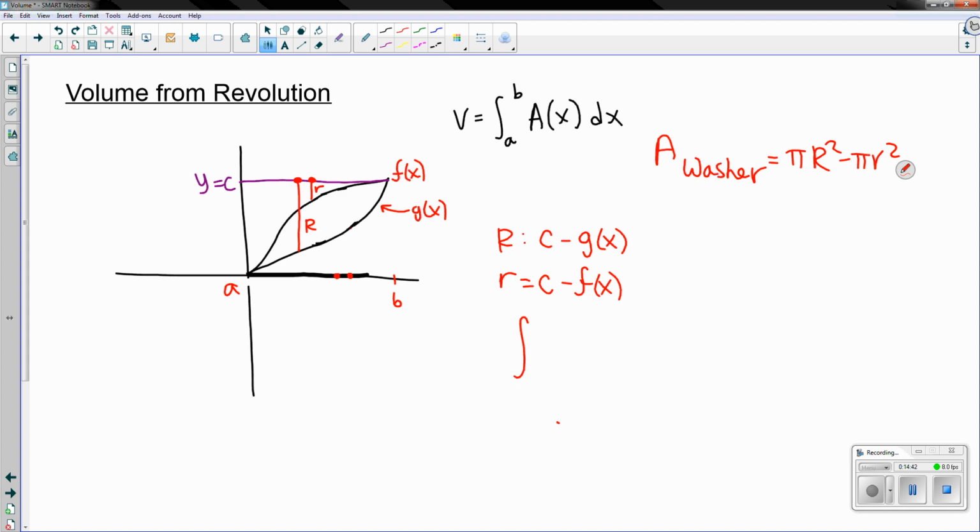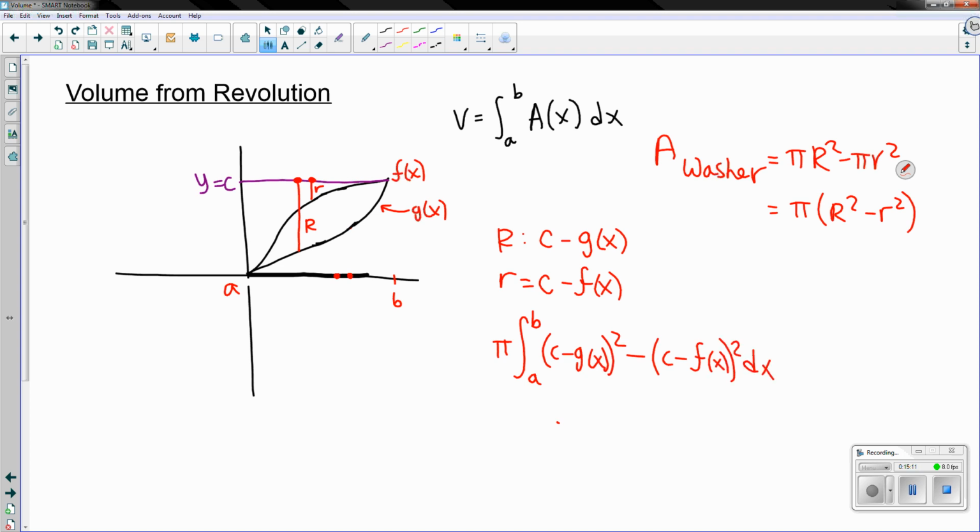So when we go to integrate from A to B to find this volume, I'm going to pull out the pi, because it's pi capital R squared minus pi lowercase r squared, so we can even write that over here, pi times R squared minus r squared, like that alternative washer area formula. I'm going to remove that constant pi, and we're going to get c minus g of x squared minus c minus f of x squared dx.